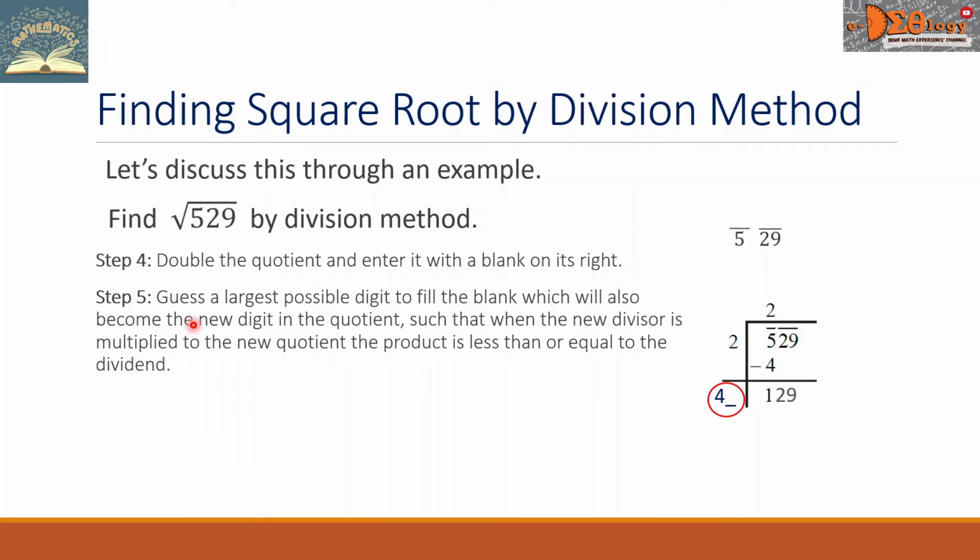Step 5. We guess a largest possible digit to fill the blank, which will also become the new digit in the quotient, such that when the new divisor is multiplied to the new quotient, the product is less than or equal to the dividend. We're going to do here trial and error.